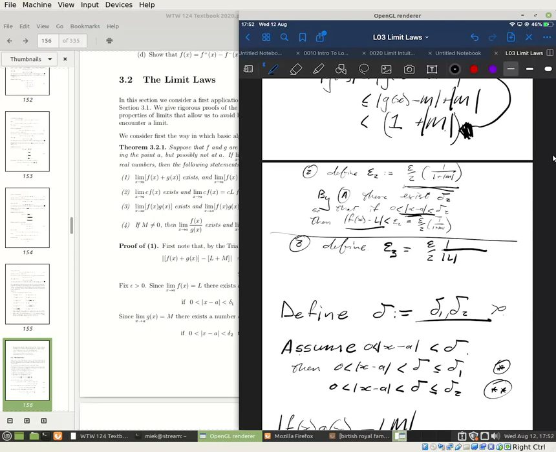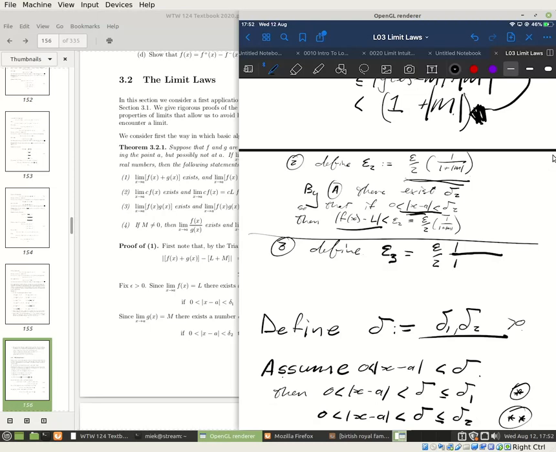Hang on, there's a problem. What is the problem? The problem is L could be 0. We are not allowed to divide by 0. How do we solve this problem? There's a really simple solution. We just say 1 plus absolute value of L. This is non-negative.